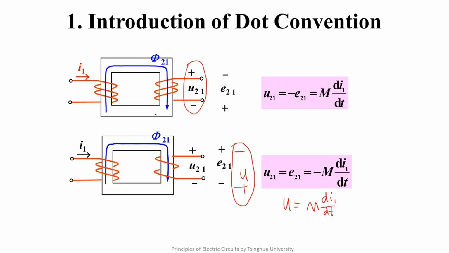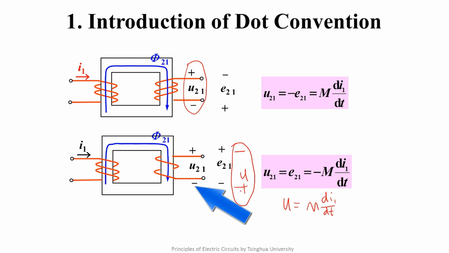Generally, both coupled coils will have currents when working. That is to say, the current i1 of coil 1 will induce voltage on coil 2, and the current of coil 2 will also induce voltage on coil 1. If the current of coil 2 flows into the positive label of the voltage, then its magnetic field and the one generated by coil 1 are enhanced by superposition.